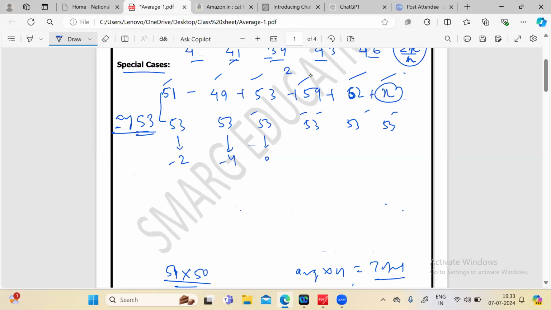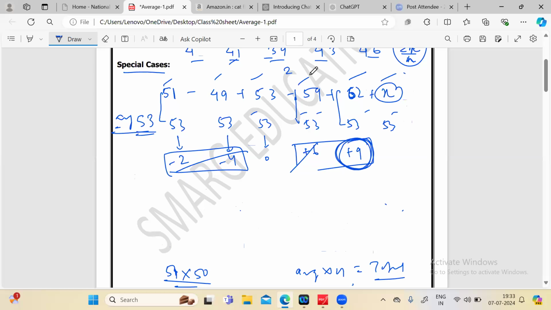The fourth number will give 6 extra to give to the numbers which are poorer than 53, or less than 53. The 62 will give 9. So the total missing is -6 and the total extra is 15. So I'll just compensate this 6 with this 6. Now I still have plus 9 extra, which needs to be given to any number which is less than 53.